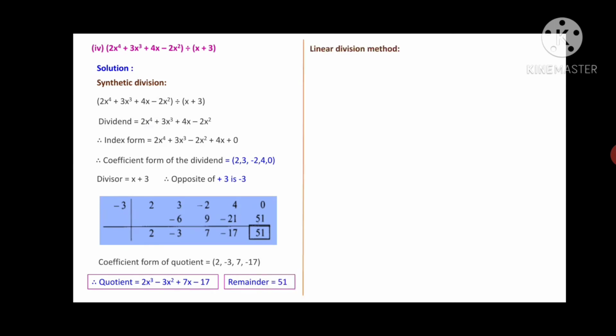Let us now start with the linear division method, wherein it is given that 2x4 plus 3x cube plus 4x minus 2x square can be written as 2x4 plus 3x cube minus 2x square plus 4x. To get the term 2x4, multiply x plus 3 by 2x cube and subtract 6x cube. Therefore 2x cube into bracket x plus 3 minus 6x cube plus 3x cube minus 2x square plus 4x.